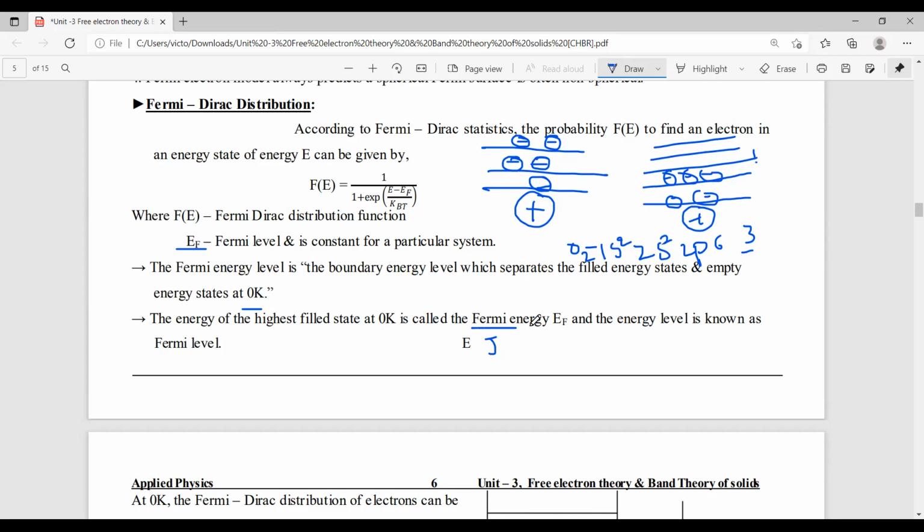So the energy is called the Fermi energy, and the particular level, for example the third level, is called the Fermi level, and it has some energy like 1.003 joules. Okay, so that is the energy.